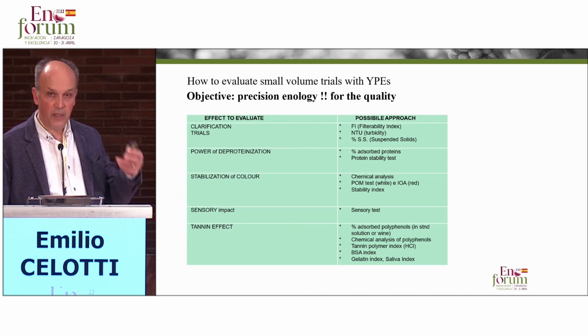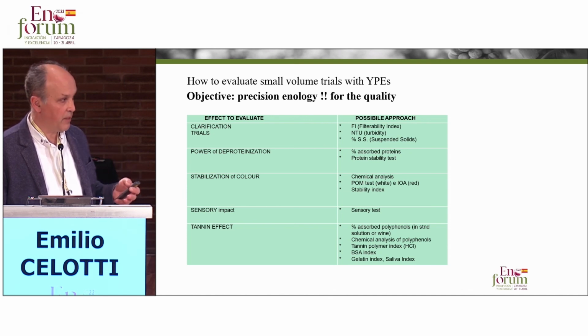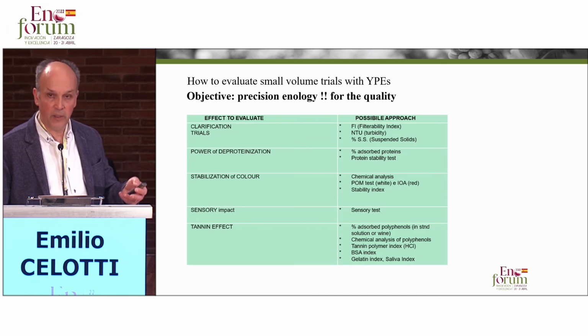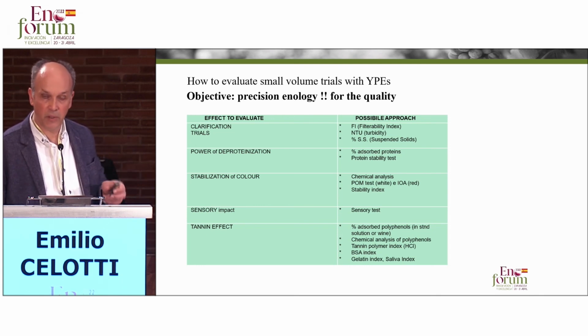We will do ad hoc tests, and here we have different examples for the laboratory. We can do quick tests. I really advise you to use them because that way we optimize our enology system.